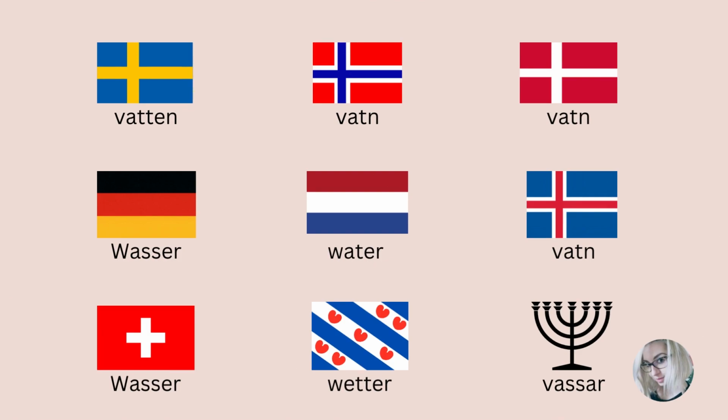So the word water is perhaps the most important one, and you can see here we have different forms for it. For example, in Swedish we have vatten, in Norwegian and Danish we have vann and vand, in German we have Wasser, water in Dutch, and then vatn in Icelandic, wetter in Frisian, and Wasser in Yiddish.